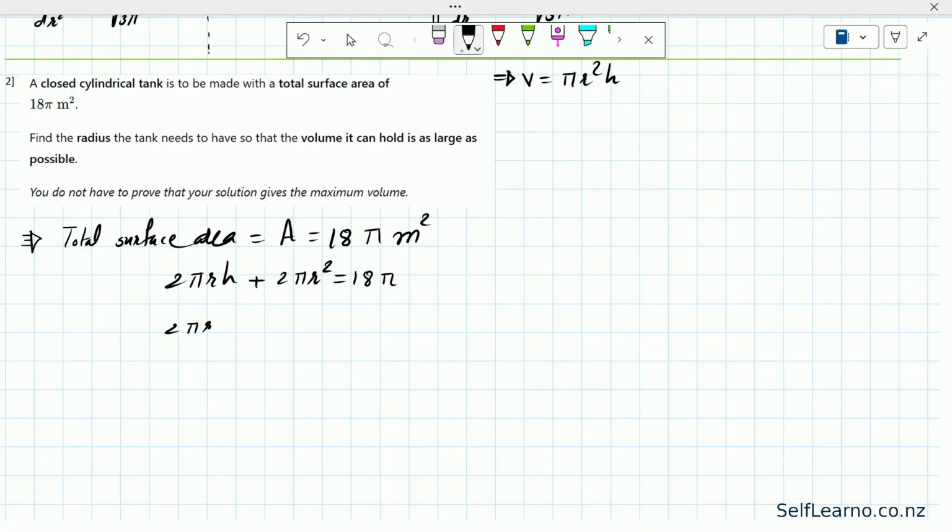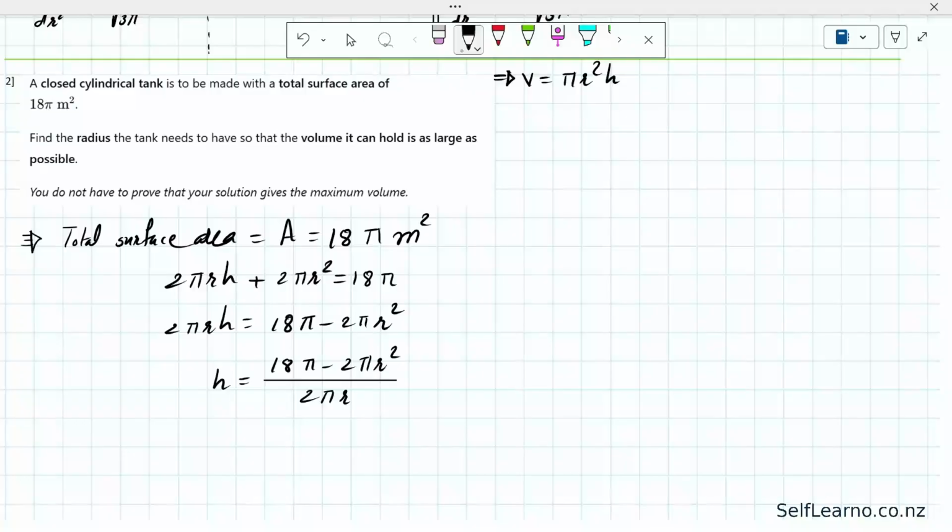2 pi rh is equal to 18 pi minus 2 pi r square. So h is equal to 18 pi minus 2 pi r square over 2 pi r. So you can take this 2 pi common and cancel. Let us simplify this.